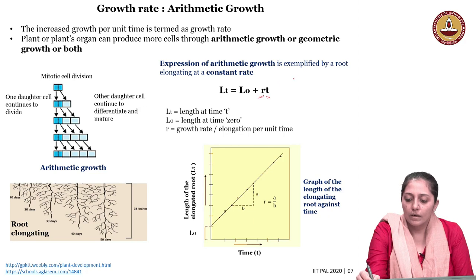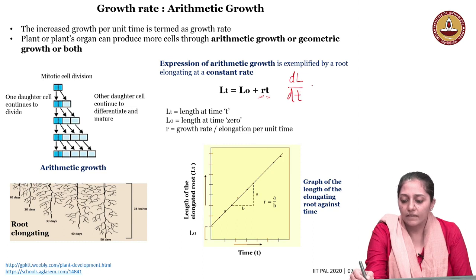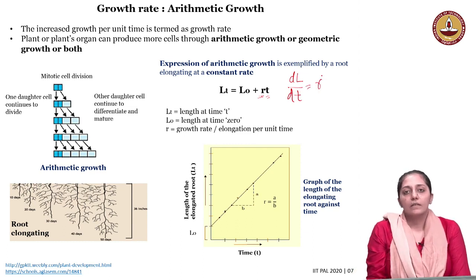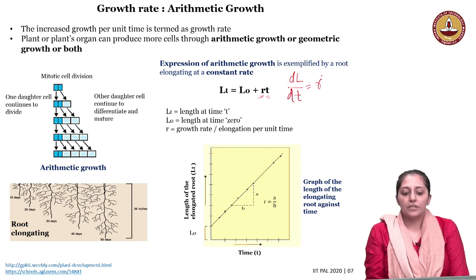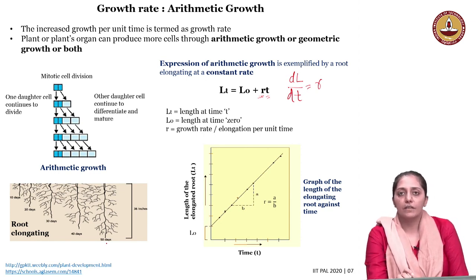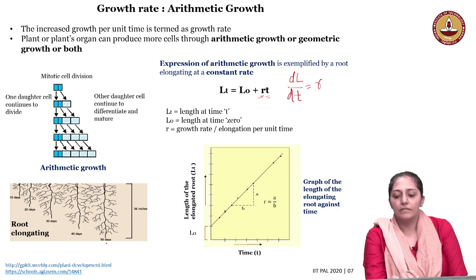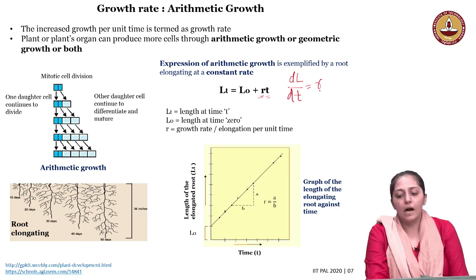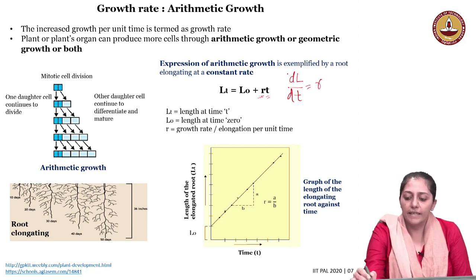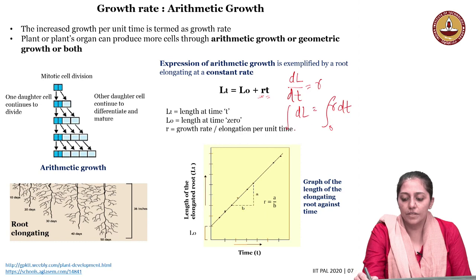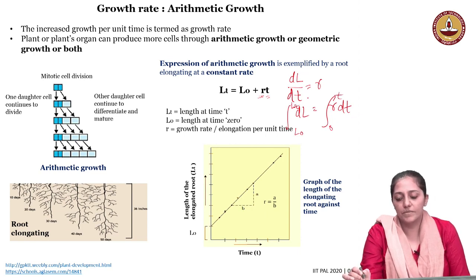So, we can say that dL by dt equals r, because the rate at which the length of the root is changing, we are assuming it is constant, which here is depicted by r. If you integrate using the limits, let us assume at time t equals 0, it was at some initial value L naught, and at time t it is at some value L subscript t.